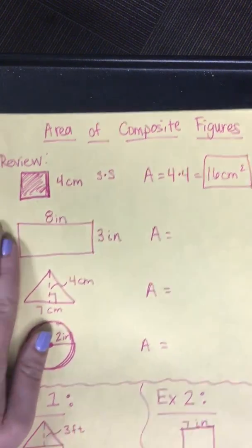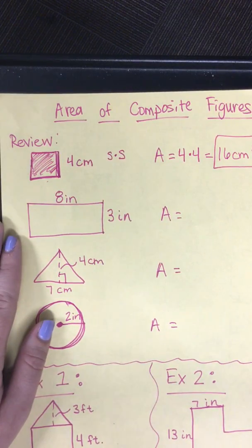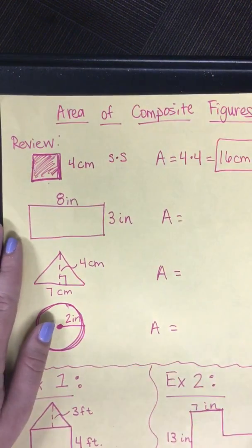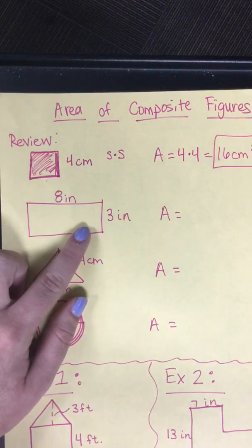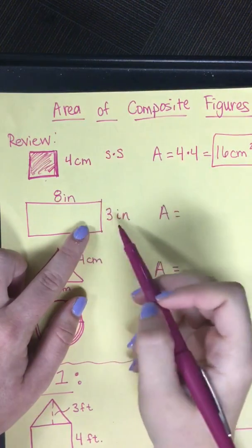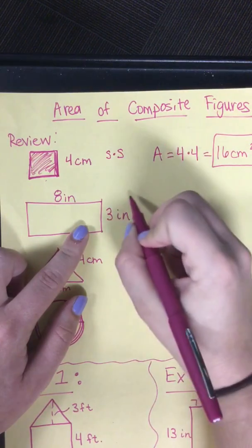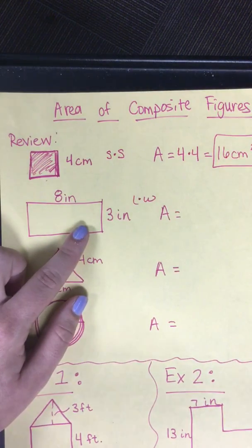All right, then we have a rectangle. Can anybody tell me how we find the area of a rectangle? It's very similar to a square. Length times width. So again, we have 2 dimensions in a rectangle, only 2. We have 8 and 3 in this case. We call them the length and the width. So to find the area of a rectangle, we're going to take length times width.